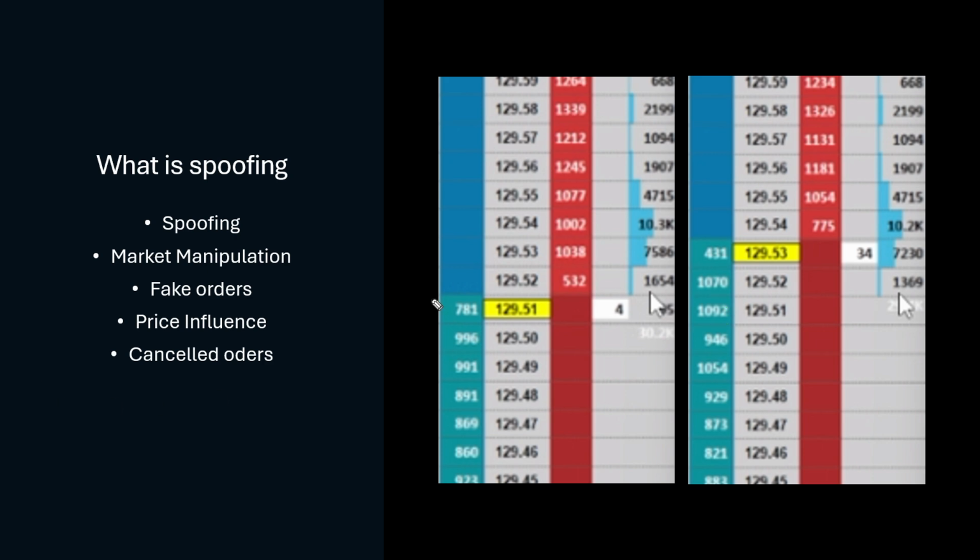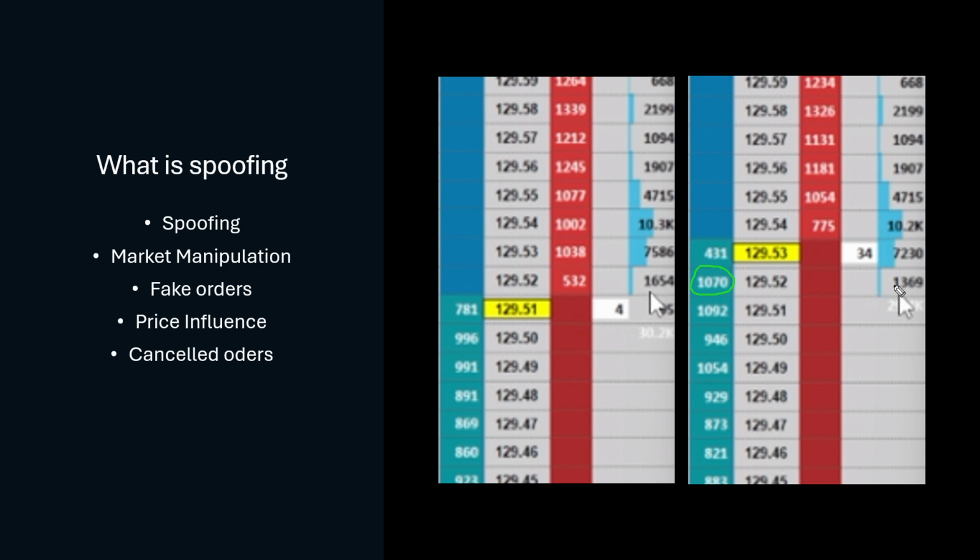Okay, and now looking at the left hand side, you can see as the market is offered into 52s, you can see that 1,654 contracts were being traded into it at this price on this session. Okay, and this essentially tells you that 700 of this 1,070 contracts were being pulled.